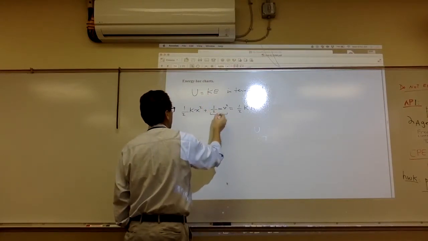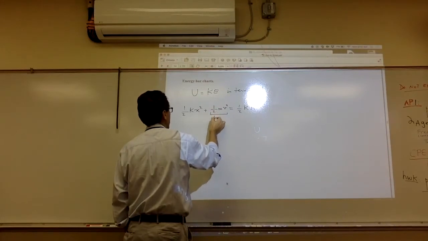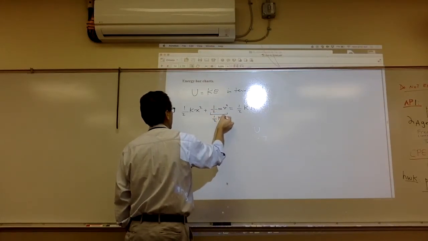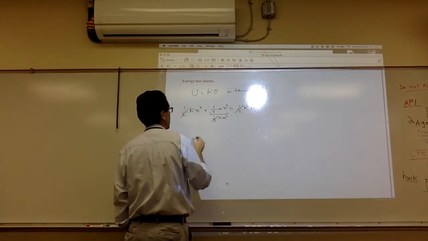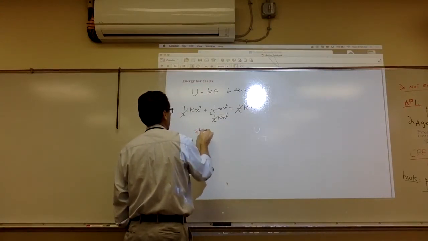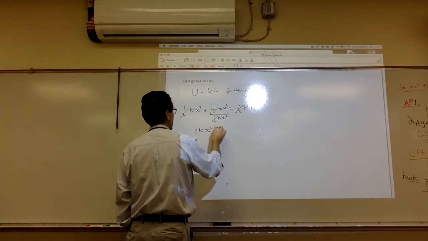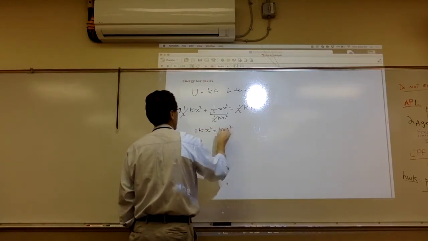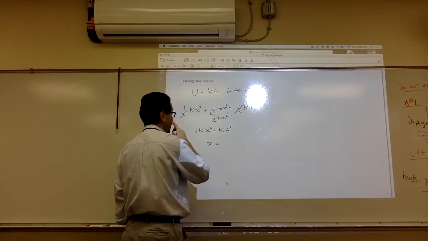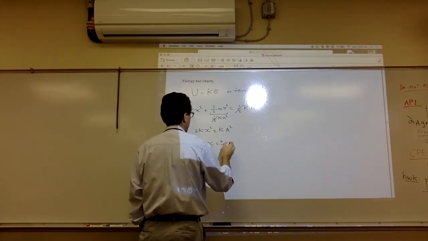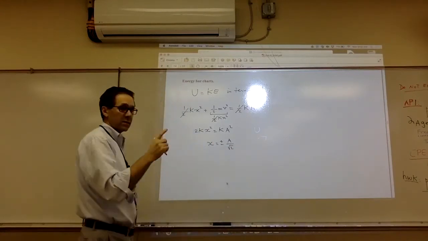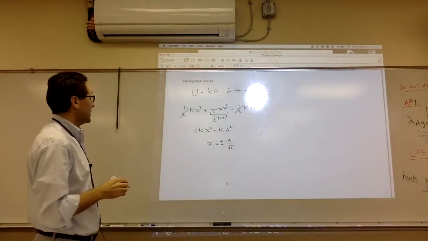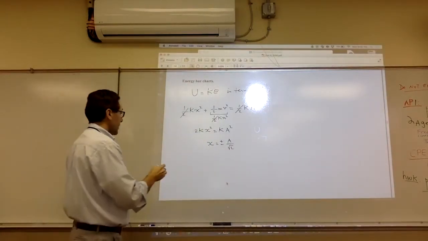So I'm basically saying that this 1/2 mv squared is just 1/2 k x squared. So we have 2k x squared is k A squared, which means x is equal to plus or minus A over radical 2. So at this exact location on either side of the equilibrium, your elastic potential energy and your kinetic energy have to be the same.